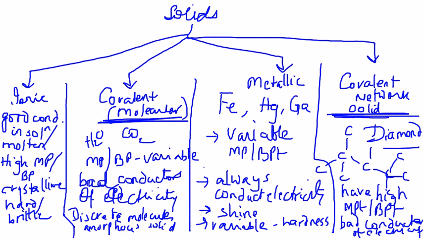The melting point of molecular and metallic are variable. But only metallic and ionic have the capacity to show some kind of conductance of electricity. In case of metallic, it's all the time. In case of ionic compounds, only when you put it in water so that the free ions get generated. So based on their properties, you should be able to classify solids into one of these four classes.